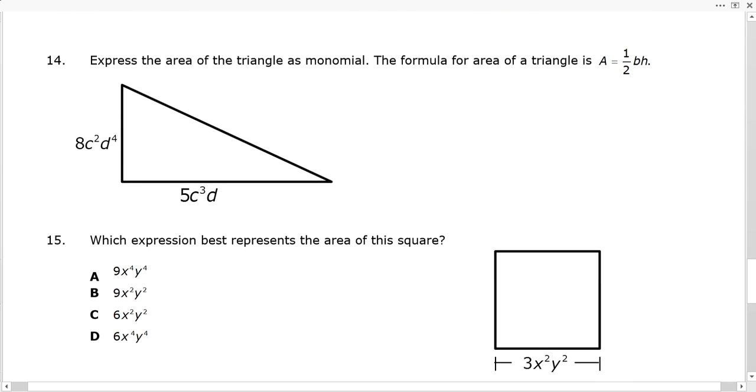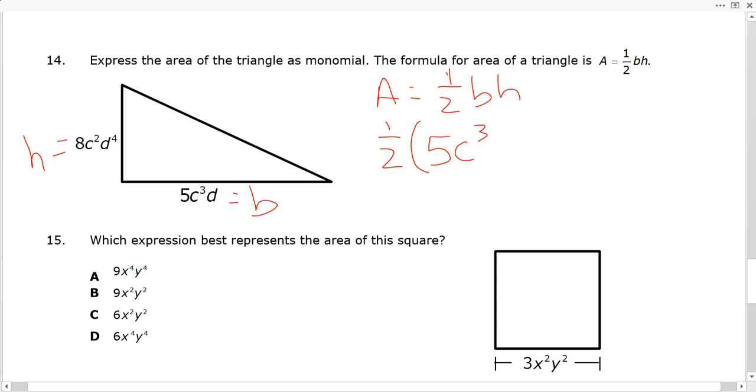All right, so let's do our formula for triangle. And we have A equals 1/2 base times height. So here's my base, here's my height. I'm going to multiply them together. So I have 1/2 times 5c cubed d and 8c squared d to the 4th.